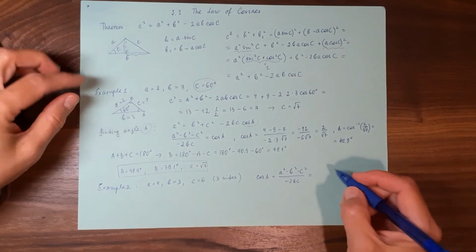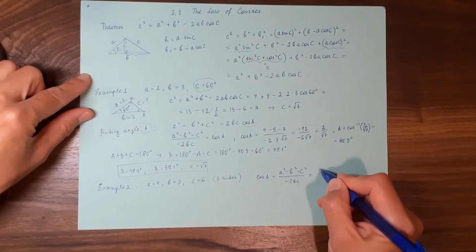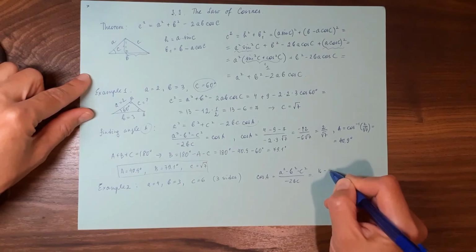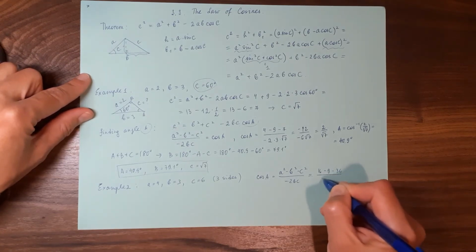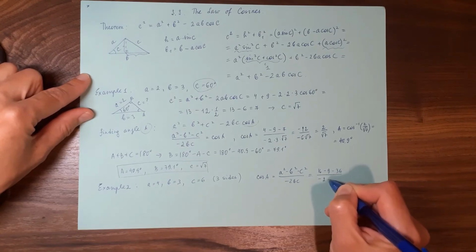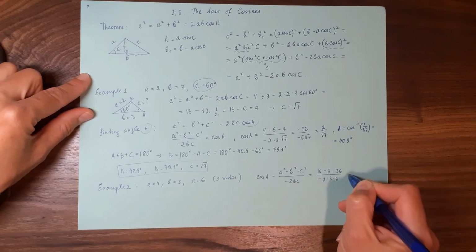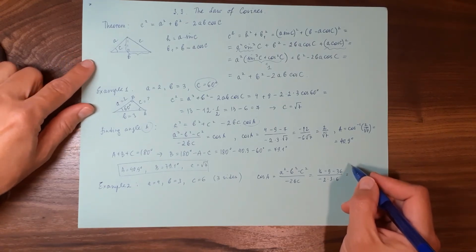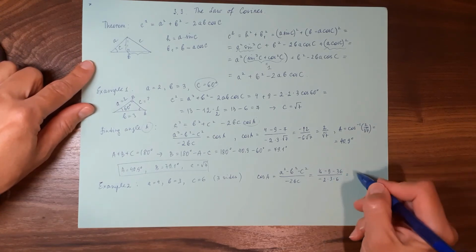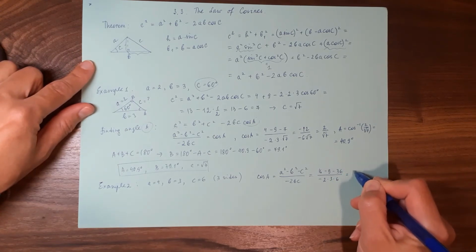And I'm going to plug in my numbers. 16 minus 9 minus 36 divided over minus 2 multiplied by 3 multiplied by 6, which is going to give me 29 over 36.